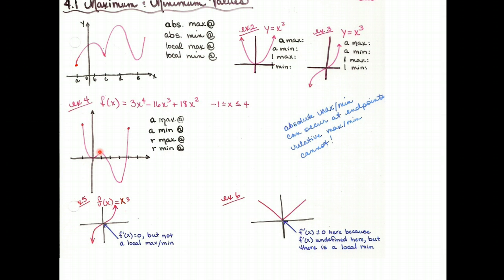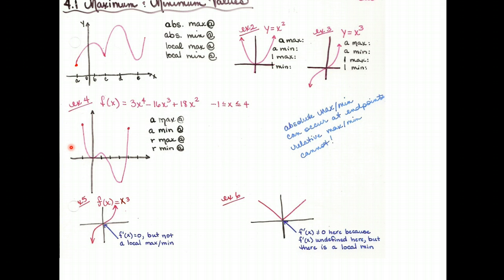Something else that it's important for us to understand is that an absolute maximum or minimum can occur at an endpoint, but a relative maximum or minimum cannot. I can look at this point and say, yeah, that's the absolute highest of everything on my graph, but I can't say that it's the relative maximum because I don't know what the values up here might be or where this graph might go, if it would go back down or back up.